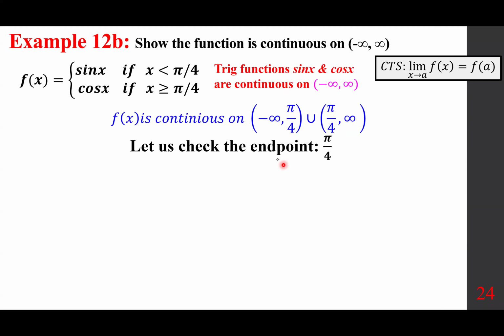So basically, take the limit of the function as x approaches pi over 4 from the left, which uses the top piece. Because it says x is less than pi over 4, you have to use sine x. And plug in sine of pi over 4, we should know it's square root of 2 over 2.